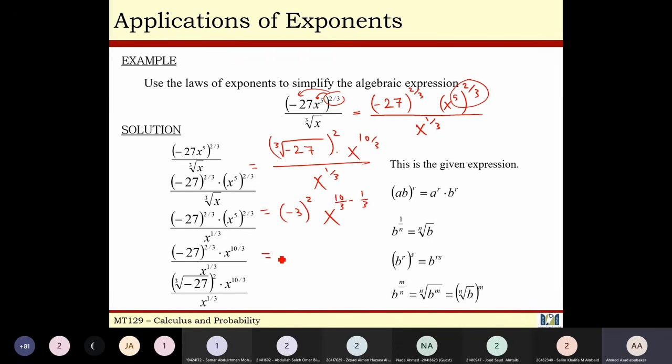So this is equal to 9 في x to the power 10 over 3 minus 1 over 3, we have 9 over 3, so we have x to the power 3 multiplied with what? With 9. Okay, any question?